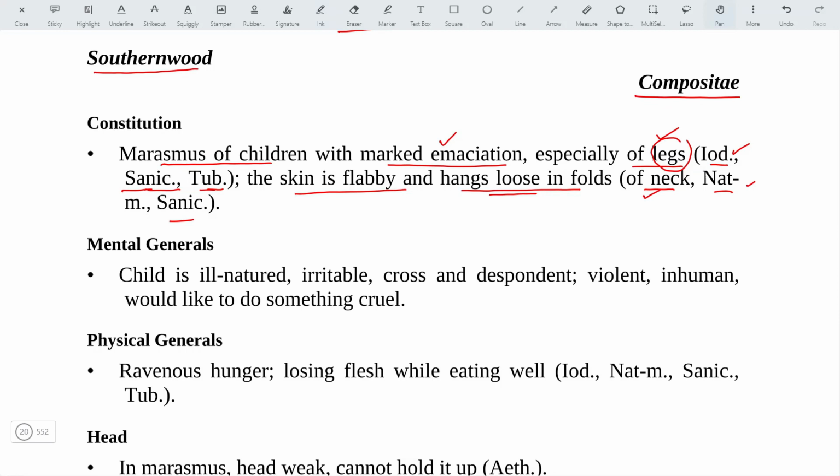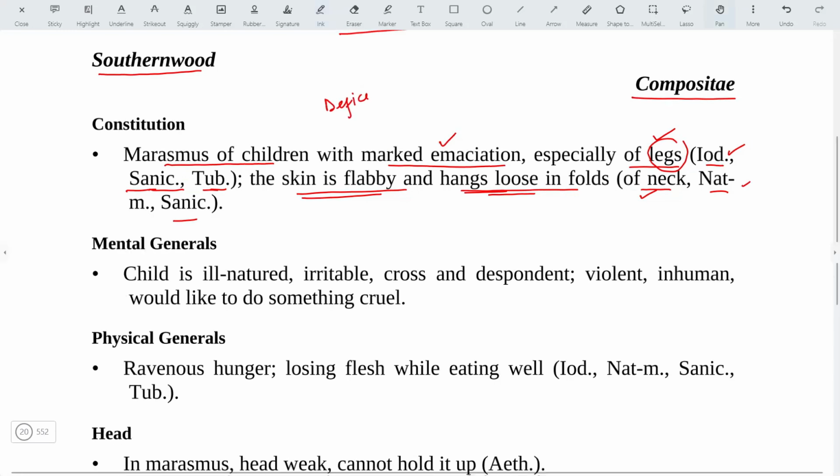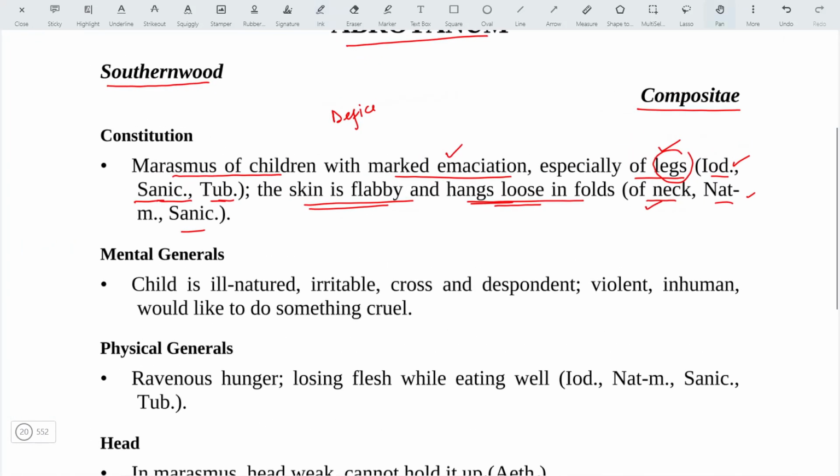But the reason for Natrum muriaticum and Sanicula having this flabby or loose skin is not alike to Abrotanum. Abrotanum has a deficiency, that is important. Abrotanum has deficiency, as you all know, there is protein energy deficiency or protein deficiency, resulting in which there is emaciation of legs, resulting in which there is skin flabby and hanging loose in folds.